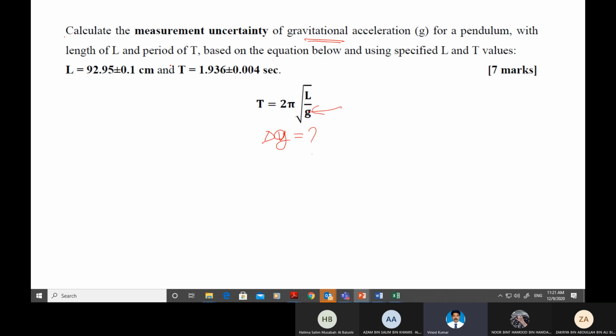Can you read the question 2 times before I start? Calculate the uncertainty of G with the length L and period T values. L is this, T is this. So we need to square the left and right hand sides. T squared equals 4 pi squared times L over G. I squared it. Then G equals 4 pi squared times L over T squared.